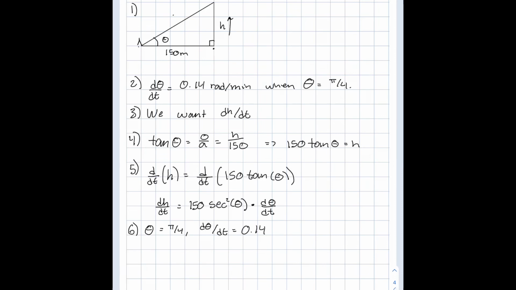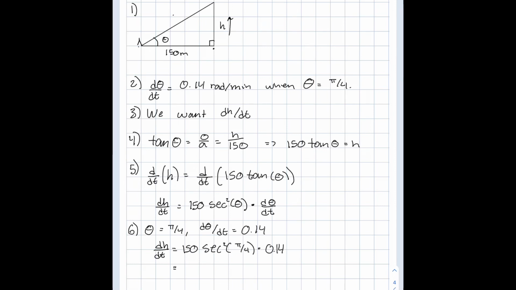So I have dh dt equal to 150 secant squared of pi over 4 times 0.14.